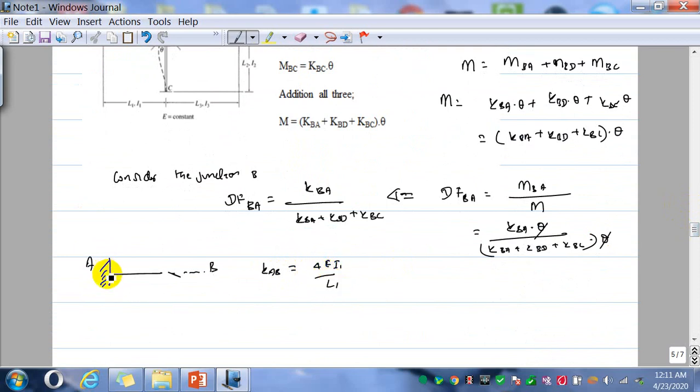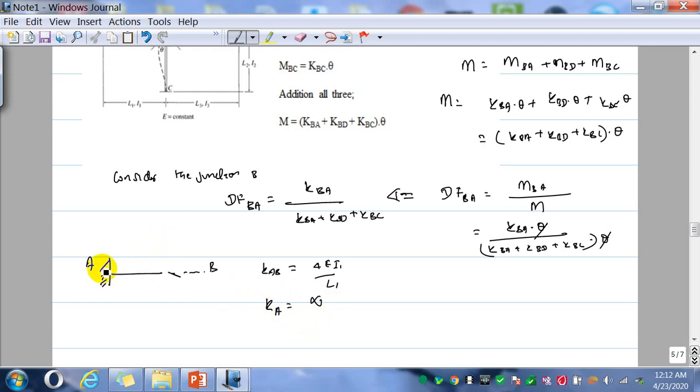So what is the other element connected in this junction? Here we have a fixed support and an element connected together. If you consider the stiffness of support A, K_A, the stiffness of the support is infinity, because it is a very stiff support, it is a fixed joint.